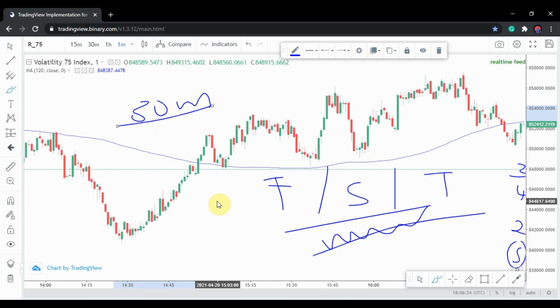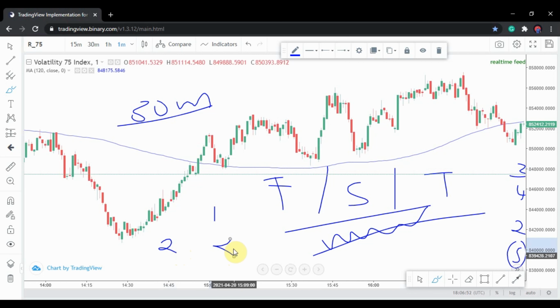You'll find that you've opened around 5 positions and all of them have come to a conclusion. You have closed the profits, you have closed the losses, rather than opening a trade on the 30 minutes or the 1 hour and yet being busy checking the market every 2 minutes.